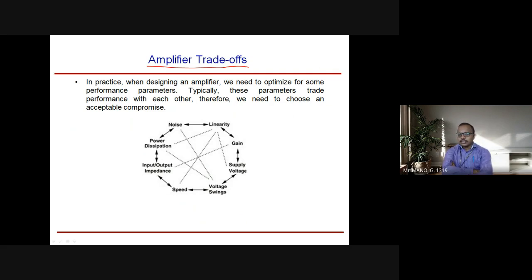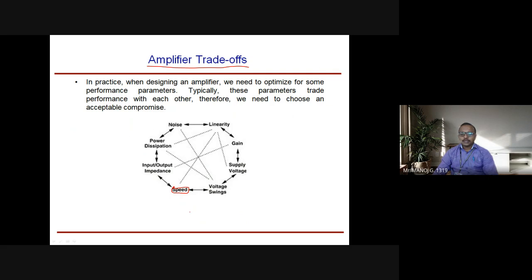Similarly, for amplifier design, there are a lot of trade-offs. I'll take the first trade-off as Joel said, money. The first trade-off for me, as far as the amplifier is concerned, is the speed.